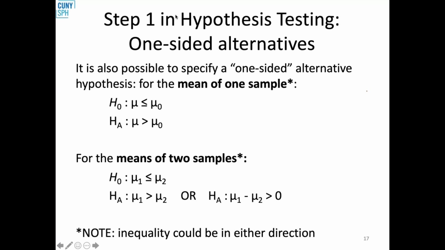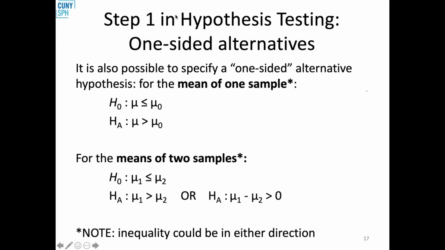It can only decrease blood pressure. The question is whether it will decrease blood pressure. So I'm going to do a one-sided test and say my alternative hypothesis is that the blood pressure with the drug is less than the blood pressure without the drug. My null hypothesis is that it's less than or the same as the placebo, right? So that would be an example of a one-sided alternative.